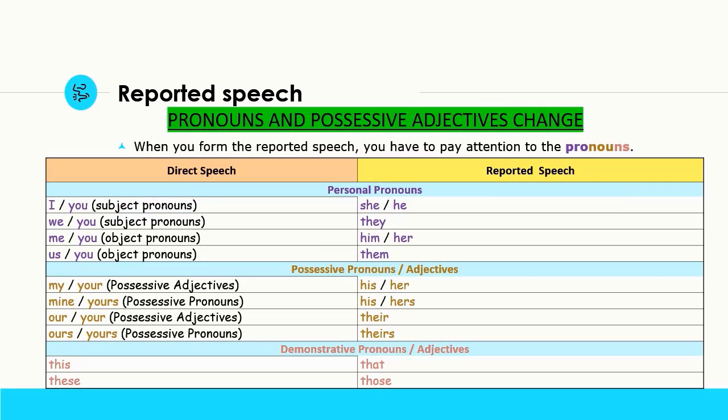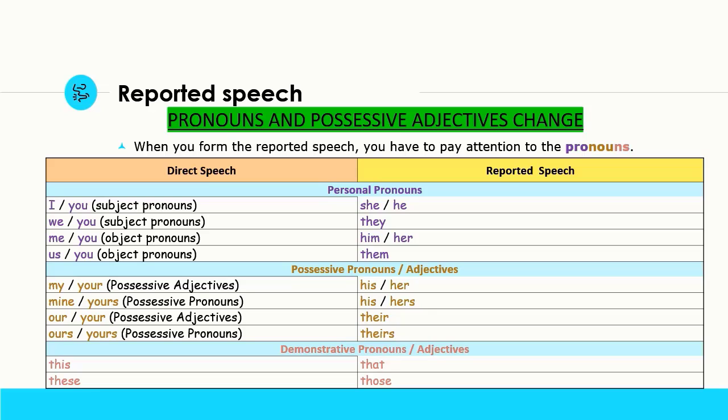When direct speech changes to reported speech, it causes changes in personal, possessive, and demonstrative pronouns, as well as the possessive adjectives. In this tabulation, you see the changes that happen to pronouns, possessives, and demonstratives.